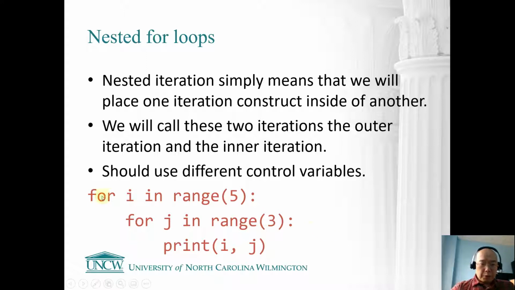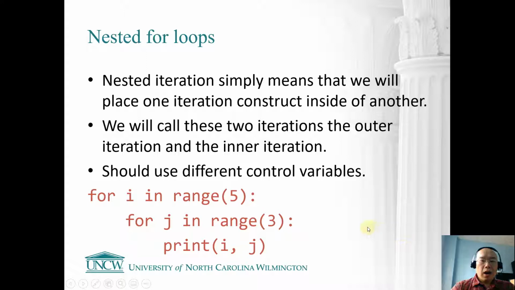If you want to use this as an example, look at the outer loop. For the outer iteration, we have for i in range 5. How many times are we going to run the outer iteration? Five times, right? Then for each iteration, in the body of the for loop, we see another inner iteration, for j in range 3.